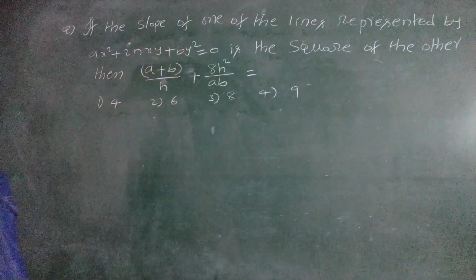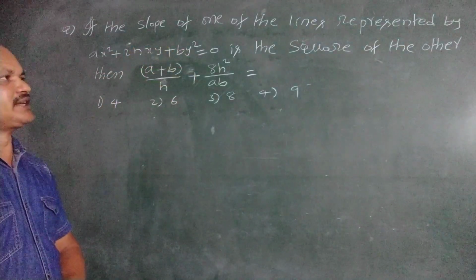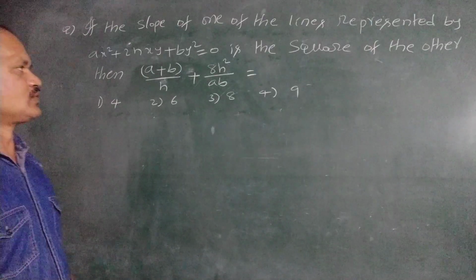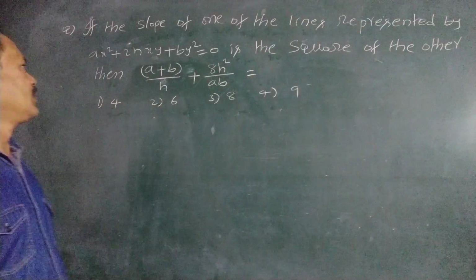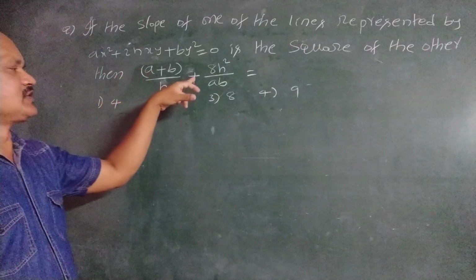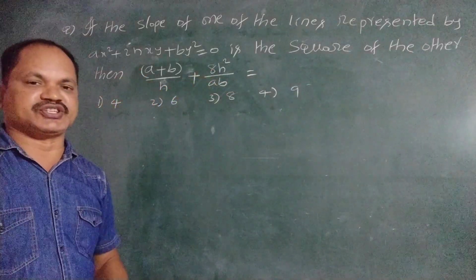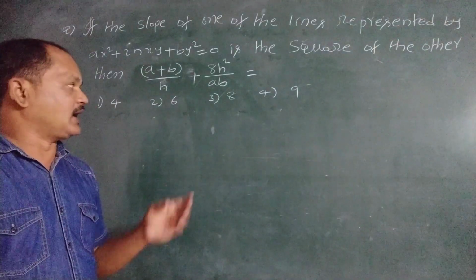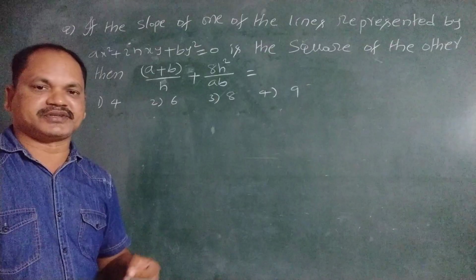If the slope of one of the lines represented by ax² + 2hxy + by² = 0 is the square of the other, then (a + b)/h + 8h²/ab is equal to: first option 4, second option 6, third option 8, and fourth option 9.